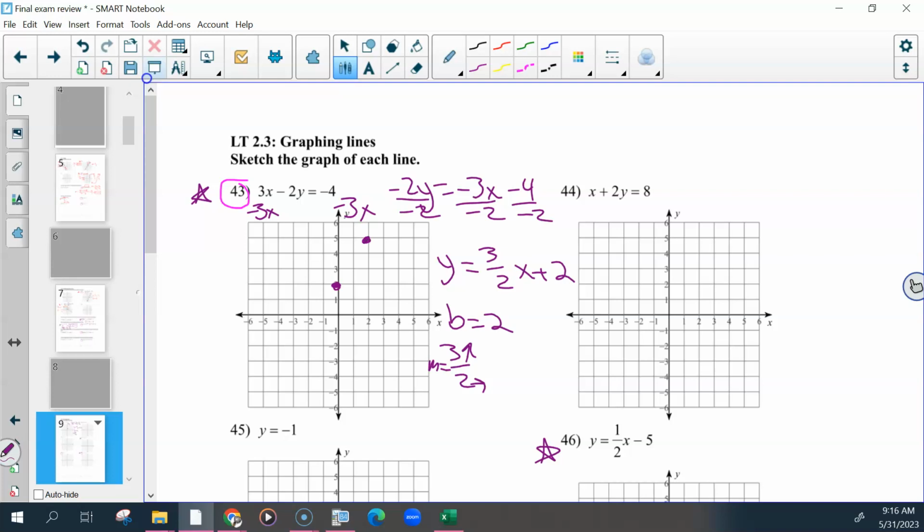And we can also do the opposite: go down 3 and left 2. Even though those are both negatives, 2 negatives make a positive, so it would still be positive. Do that as many times as possible, and once you have enough points to fill up your graph, connect all the dots and make a line, draw arrows at the end.